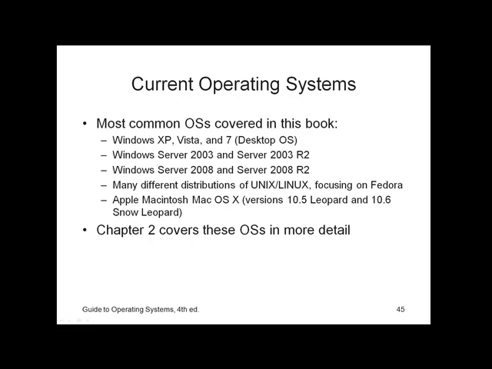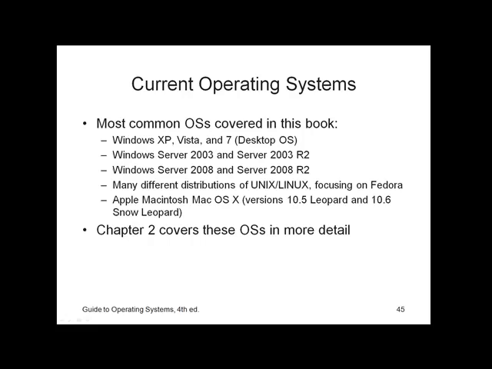Let's look at some of the current operating systems that are covered in this book today. The most common operating systems that we'll cover include Windows XP, Vista, and Windows 7, the desktop operating systems. Windows Server 2003 and Windows Server 2003 R2.